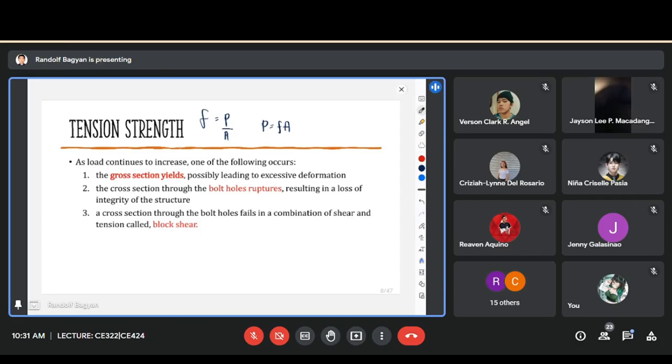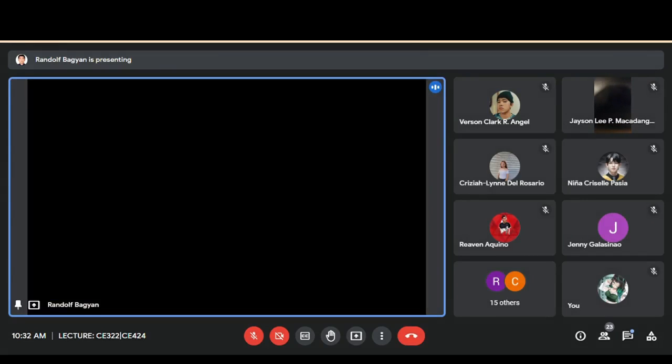Number 1, 2, 3. These are our failure states. Meron tayong tatlo. Ano mga pwedeng mangyayari? The cross-section yields, that's number 1, possibly leading to excessive deformation. So kapag dinagdagan pa natin ng dinagdagan yung load, it will have excessive deformation.